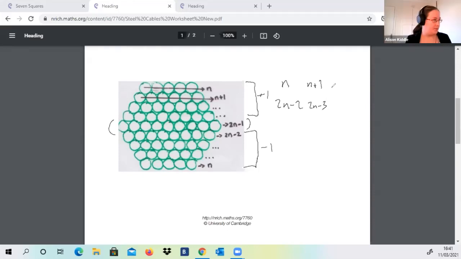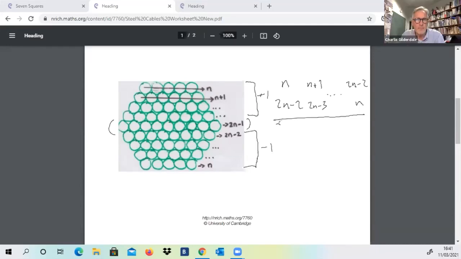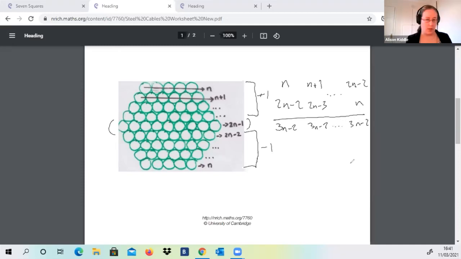And so on until at the end I'm going to get a 2n minus 2 at the top and an n at the bottom. Okay, so all of these, each of them adds up to 3n minus 2, is that right? Yes. So I've got 3n minus 2, and all I need to do is to work out how many times I've got that.